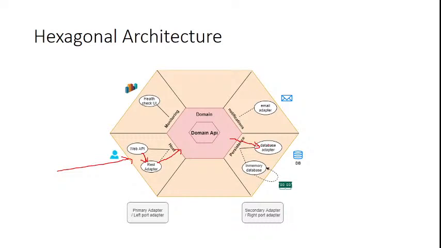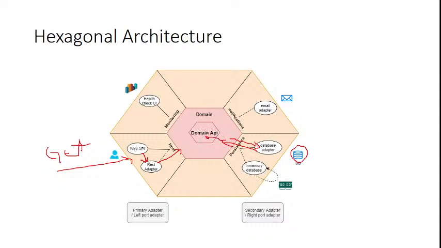The database adapter will try to fetch the data. For example, if I'm talking about a simple get, it is trying to fetch the data from the DB, and it will return to the domain again, back.